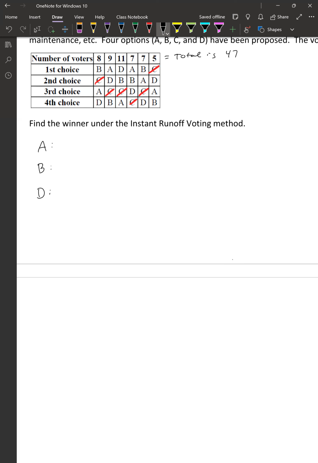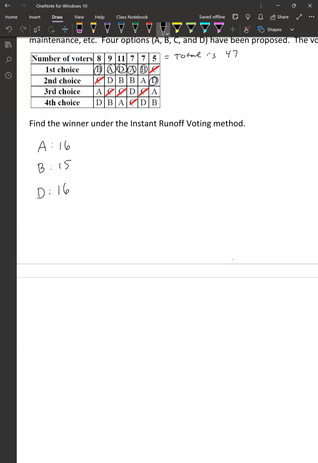All right, A still has 9 and 7, which is 16. B still has the 8 and the 7, which is 15. And D now has these 11 and these 5. So that's 16. Okay. So I don't know if anybody has a majority yet, but there is a tie.